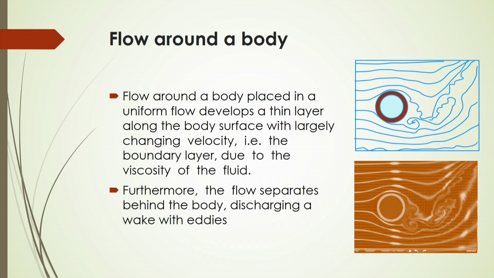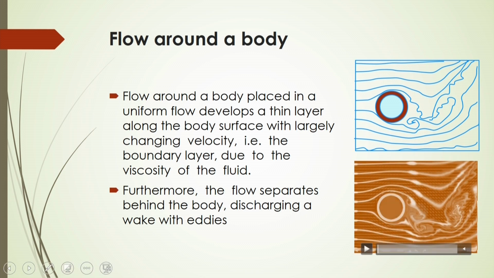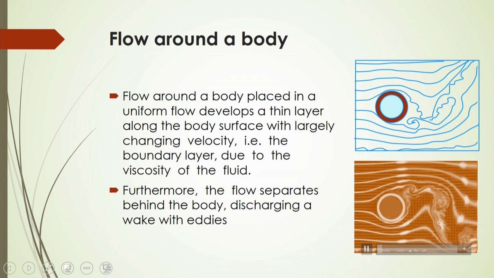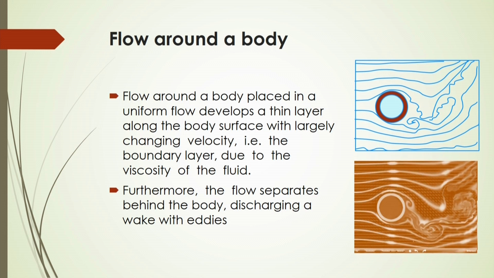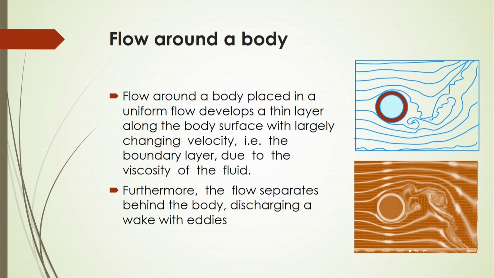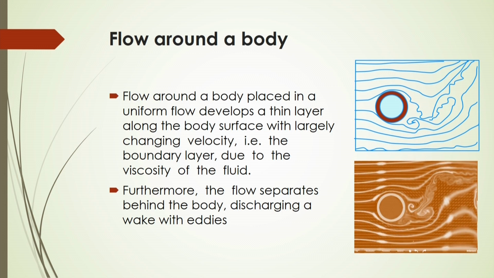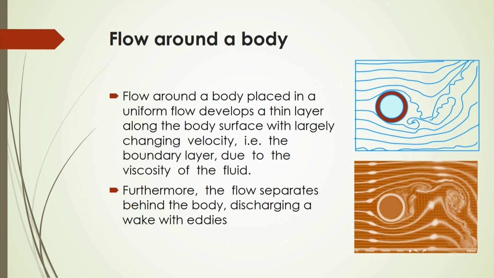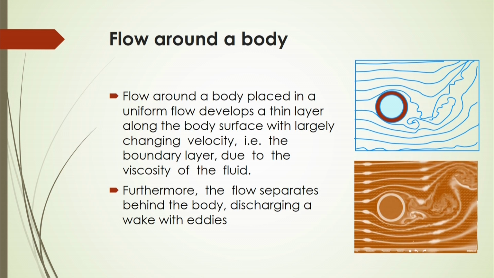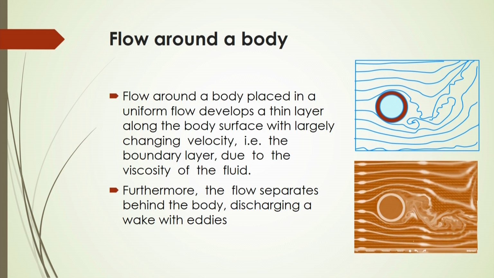Now, if we consider the flow around a body here, a body that is placed in a uniform flow, and that flow develops in a thin layer along the body surface, as shown here. See the figure and video also. Around this body fluid is flowing, and whenever it crosses this solid body, how do these fluid streams move and flow just by crossing the surface of the solid body?